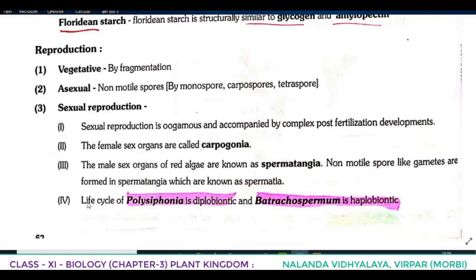Spermatia. Life cycle of Polysiphonia is diplobiontic, and Batrachospermum is haplobiontic, meaning diplontic and haplontic.